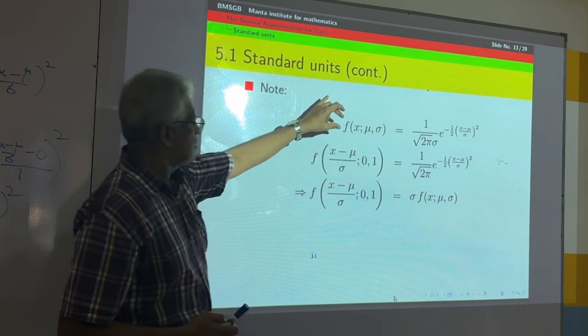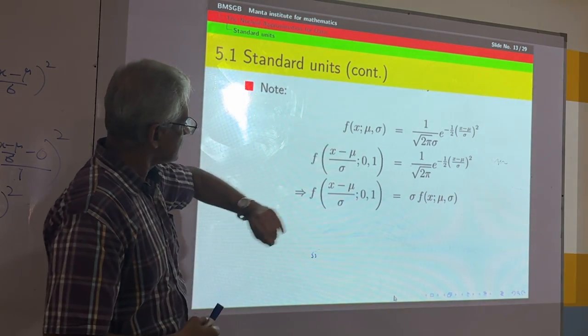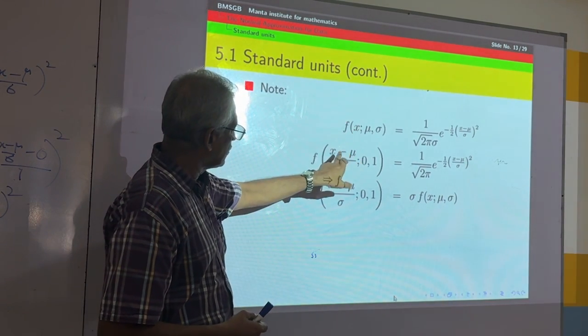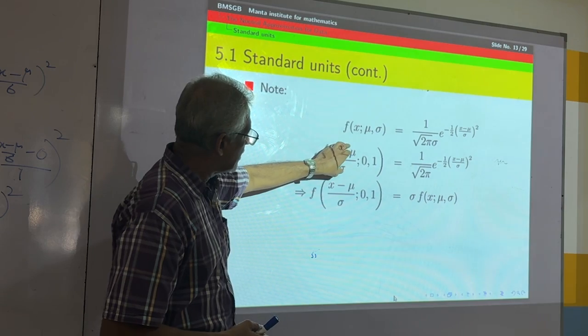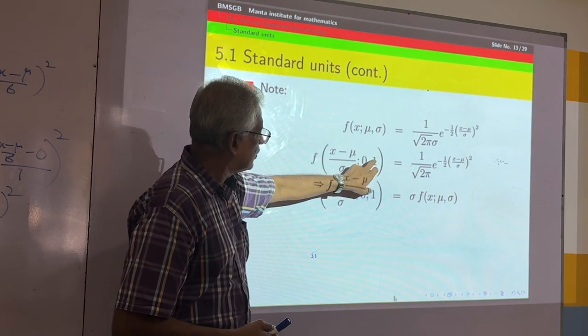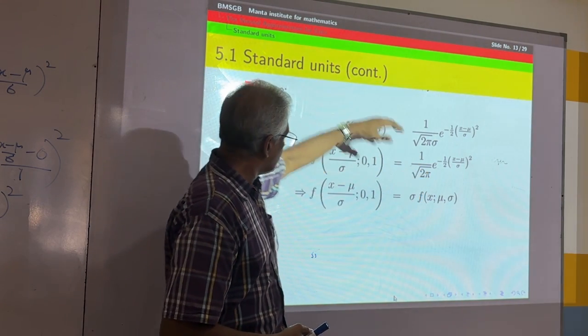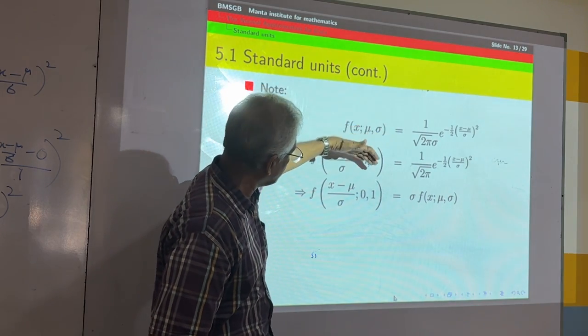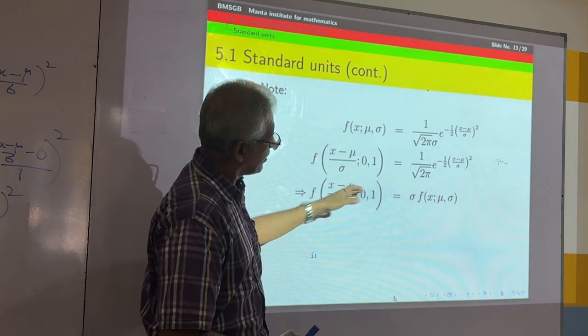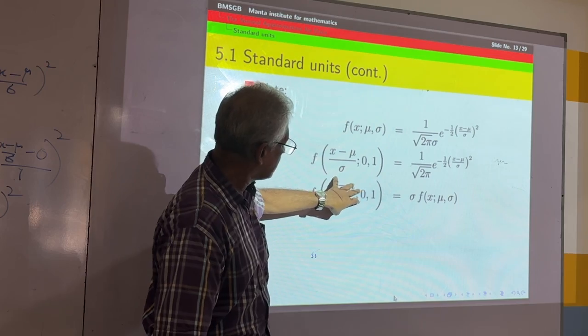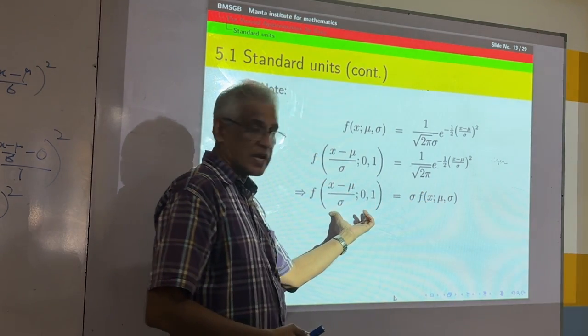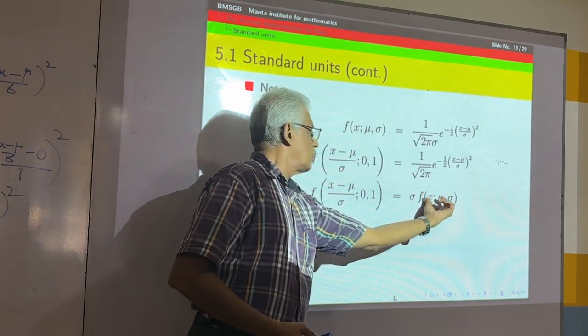So this is the original distribution. When you put x equal to x minus mu over sigma, that is Z, with mu equal to 0 and sigma equal to 1, you get this one. If you look at the ratio, if you divide this by this, you can see that this one is equal to sigma times this one. This is the standard normal curve, this is the original curve.